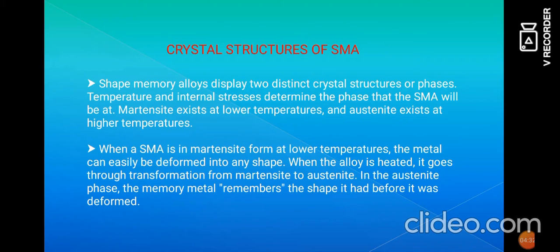When a shape memory alloy is in martensite form at lower temperatures, the metal can easily be deformed into any shape. When the alloy is heated, it goes through transformation from martensite to austenite. In the austenite phase, the memory metal remembers the shape it had before it was deformed.